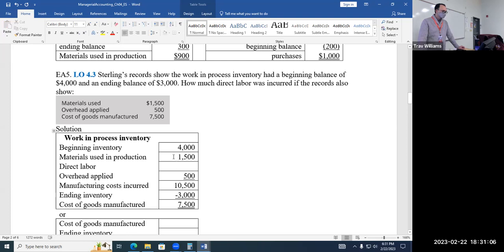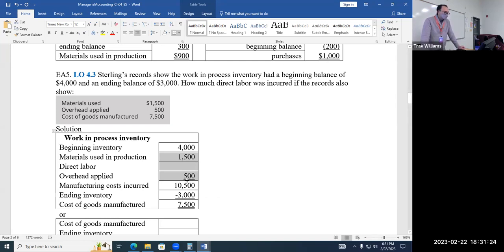Now, I mentioned earlier that these three costs, materials that were added, the labor that was added, and the overhead, that's all making up what got added during the period, right? So that's making up one thing.